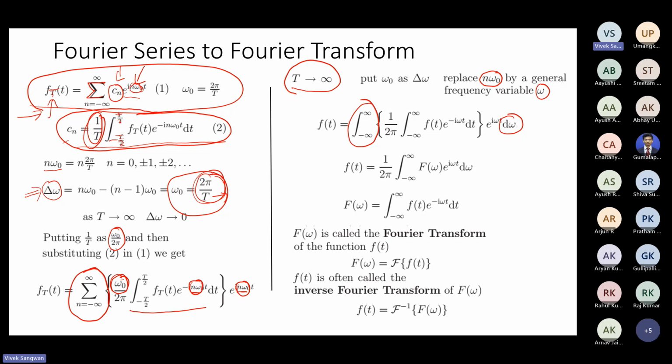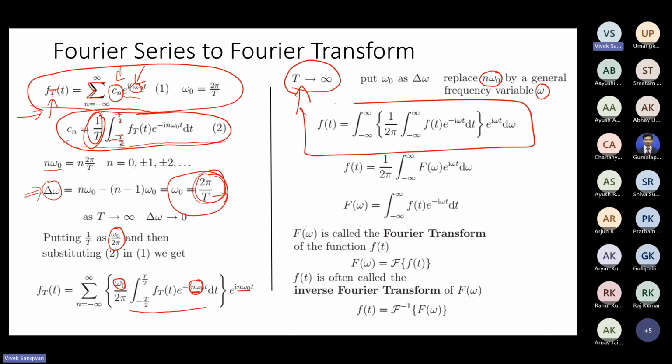We do that by appreciating the fact that as T was going to infinity, omega 0 was becoming smaller and smaller, and these n omega 0 were drifting closer and closer to each other. They were behaving like a continuous function of frequency omega. We replace that and we get this equation.